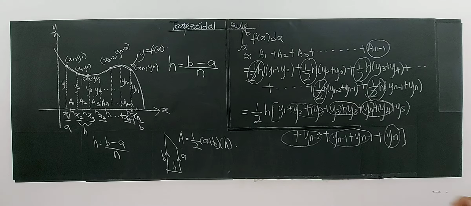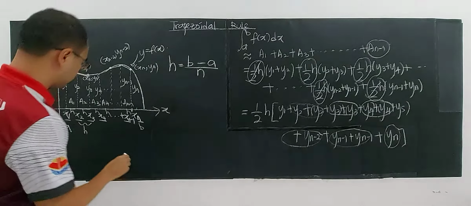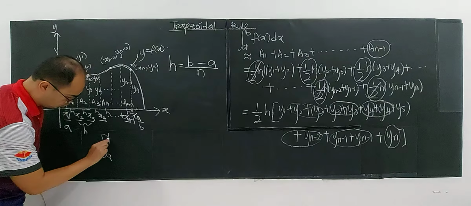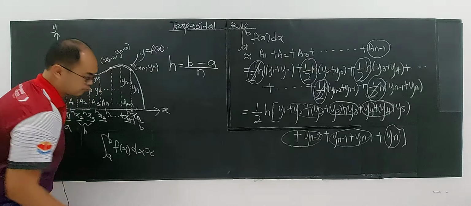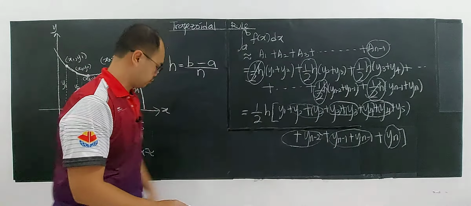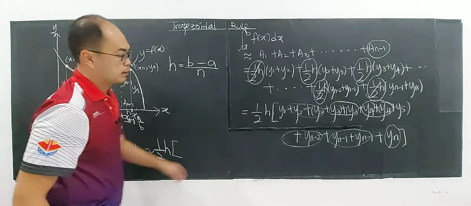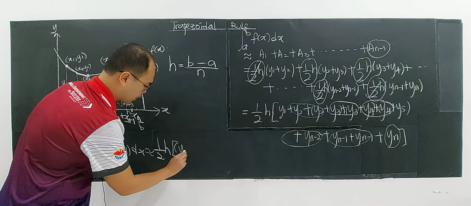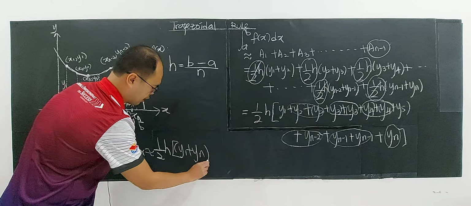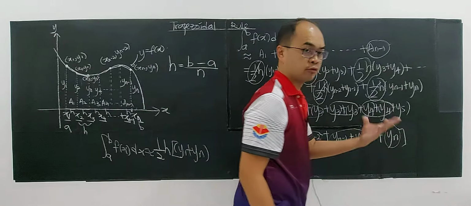So finally we can conclude the formula of the trapezoidal rule. The integral from a to b of f(x) dx can be approximated by half h, where y1 and yn I write in front. Why? Because y1 and yn stand alone.